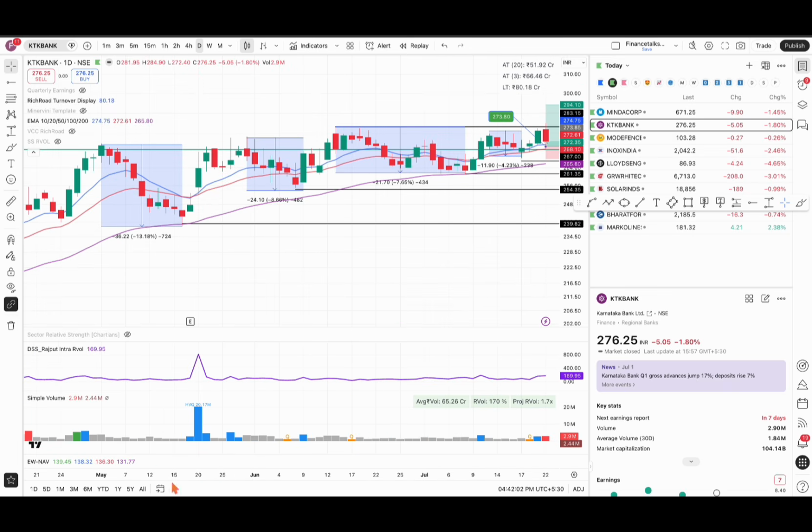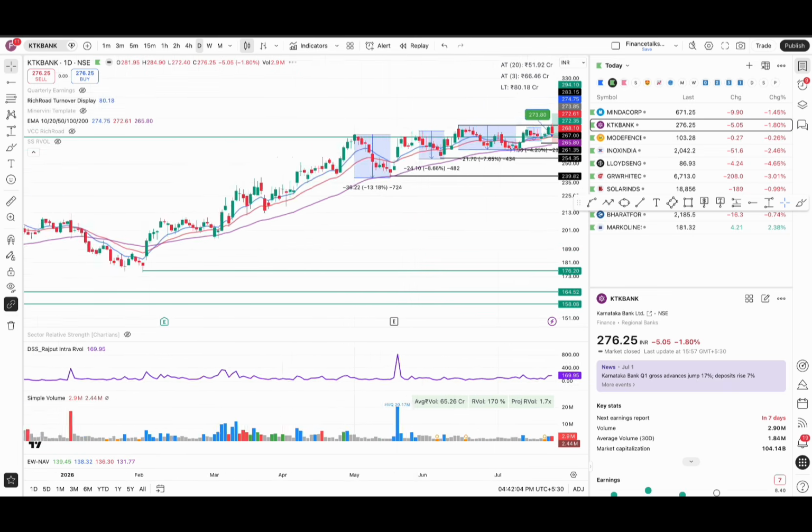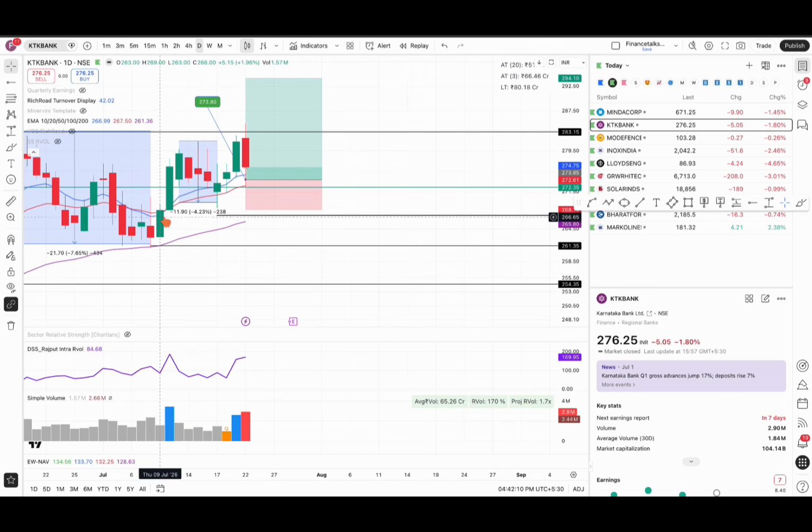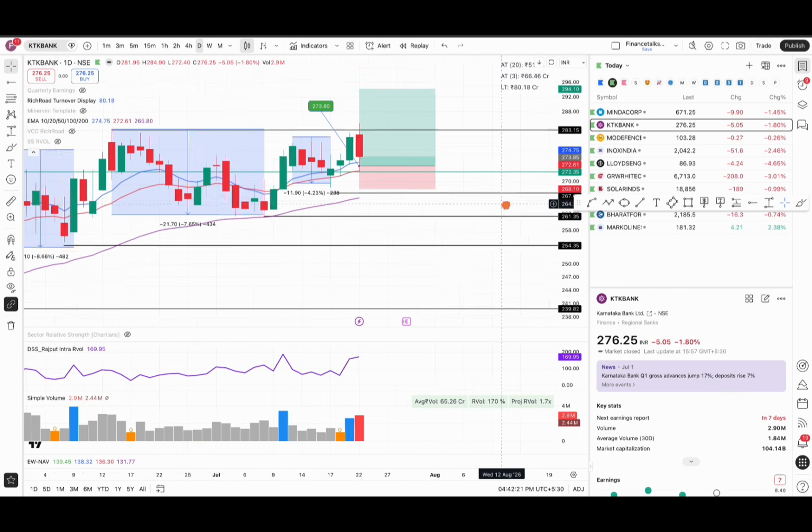So you see over here on these levels it made a very good VCP pattern, and we have an entry over here, some entry over here, and then some entry over here. So basically 270, 269 is my current average, and my stop loss is 267. So not a big stop loss.